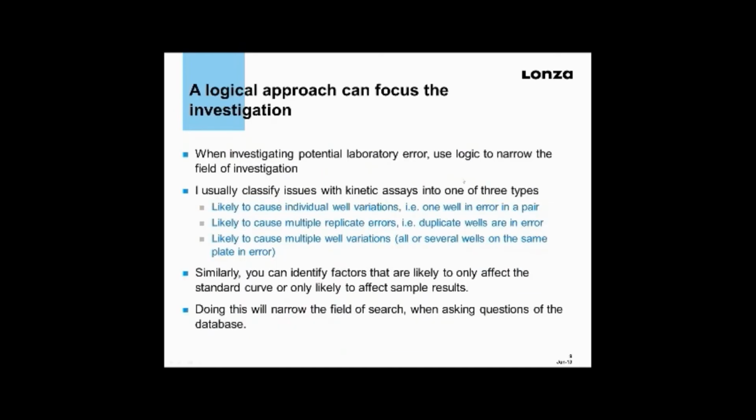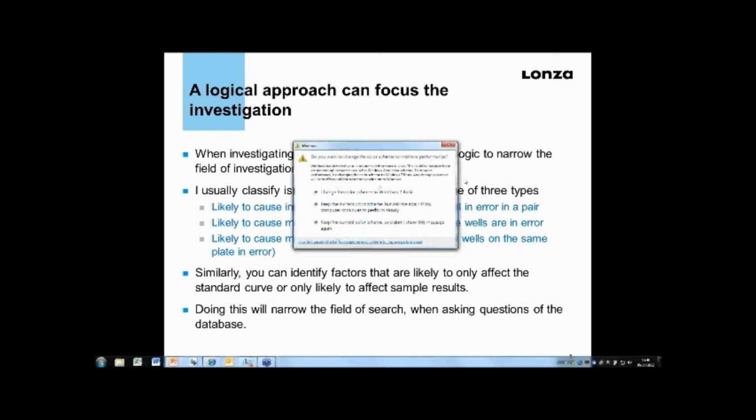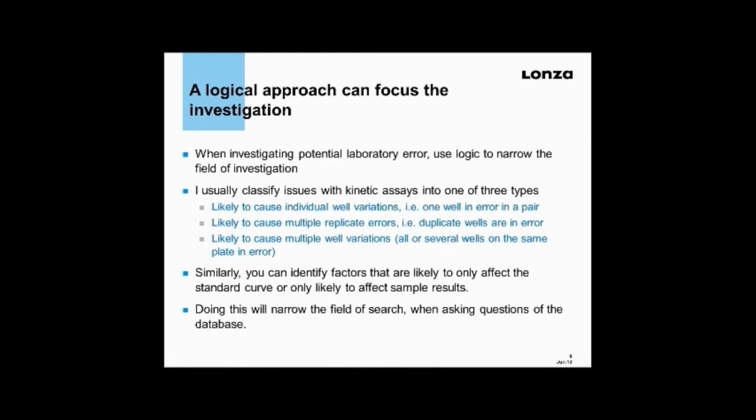Generally, when I'm looking at these types of issue, I like to classify them into errors that either cause variation within an individual well, so one well is in error in a pair; those that are likely to cause multiple replicate errors, so duplicate wells are in error; or a situation where we're getting multiple well variations, where all or several wells on the same plate are in error. And there are various examples of this.